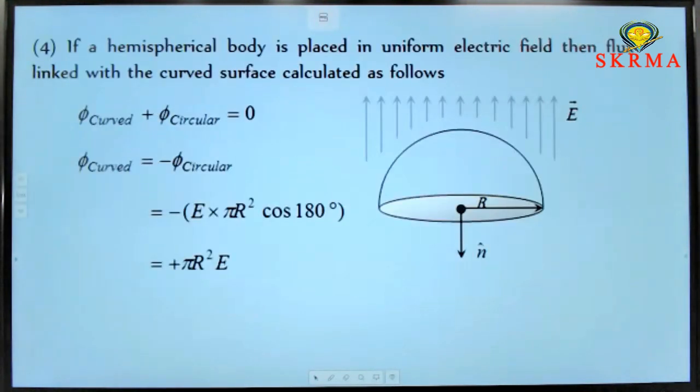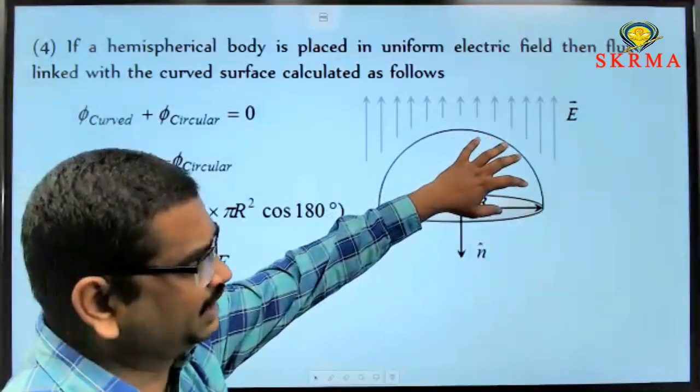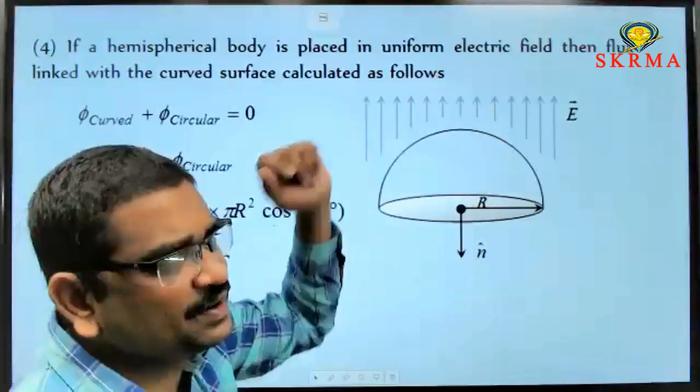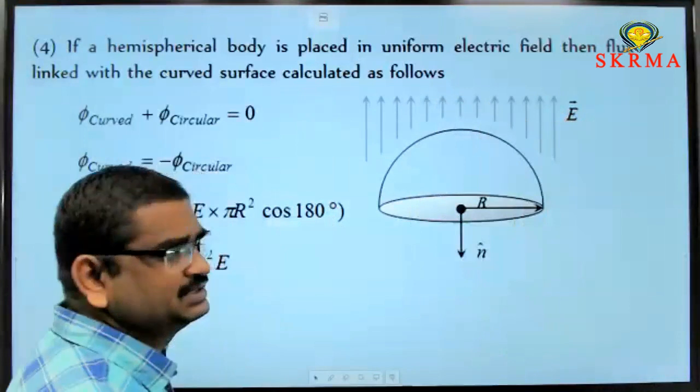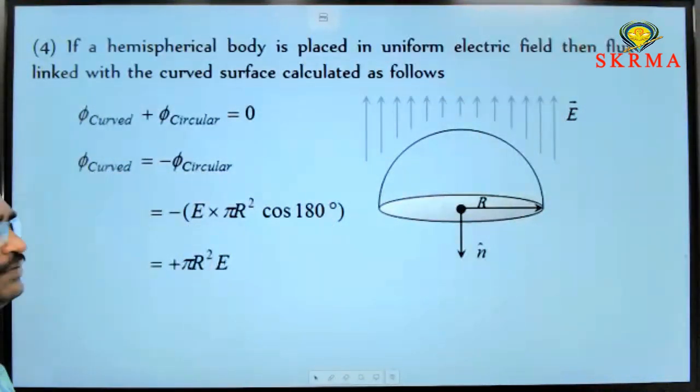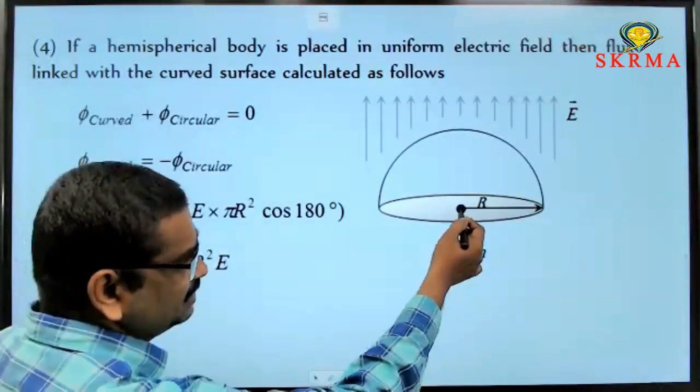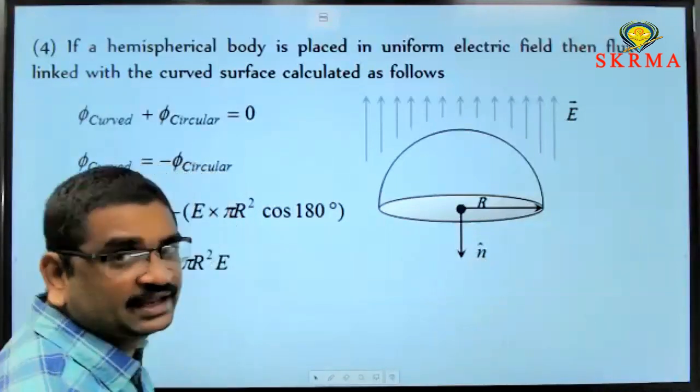Next one. Here one hemispherical bowl is placed in a uniform electric field. The parallel lines indicate that it is a uniform electric field. For this one, the area vector is represented with n cap.